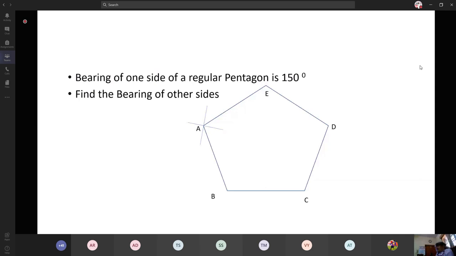So 108. What is the external angle of a polygon like? The internal angle here is 108, and it diminishes by 72 each time, since 180 minus 108 is 72.